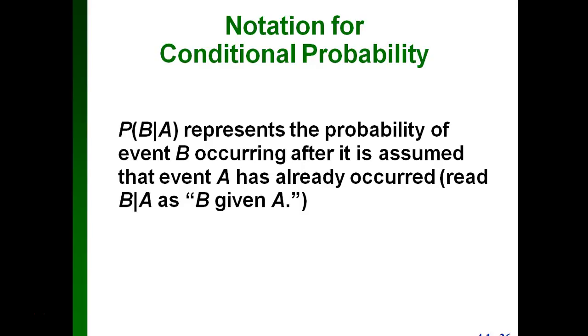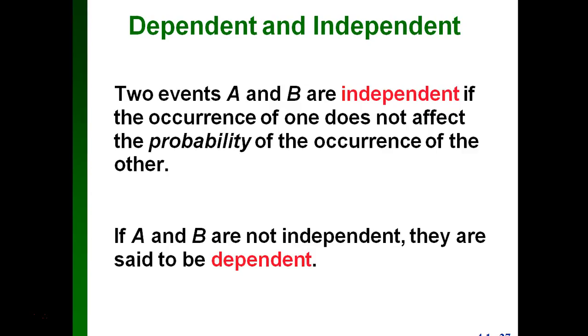And we actually read this backwards. So it looks like B and then A, but it's really B given that A already took place. And so you'll do the event A, and then you'll move to event B. And in that moving to the second event, there may be an impact on what happened first on what happens next. And we'll see that a lot in cards, depending on the type of game.